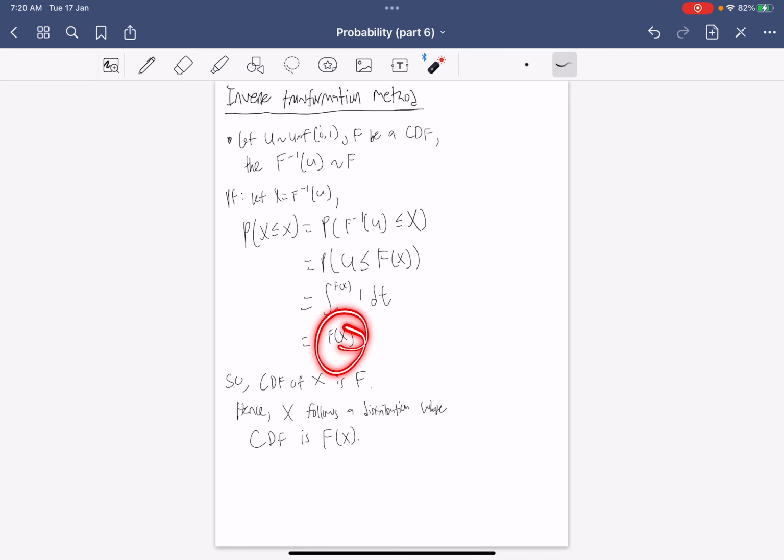And so you result in F(x) only. Since the CDF of the random variable X is the same as F(x), it says that X follows a distribution whose CDF is capital F(x). That just means that if you run the inverse of the function that you want on a random variable that follows a uniform, you get back the distribution.